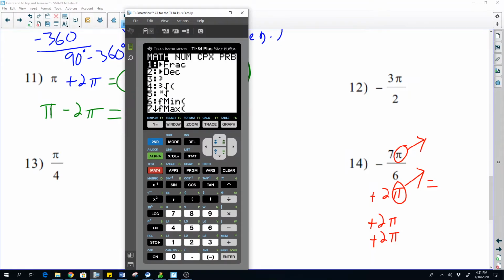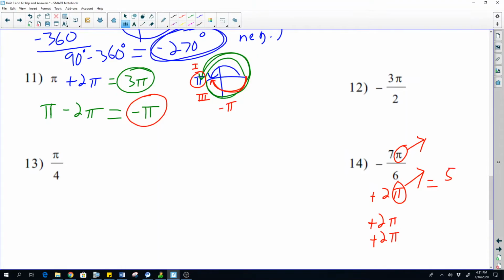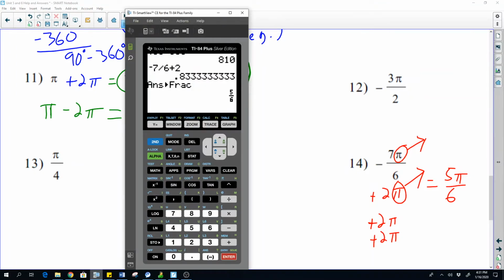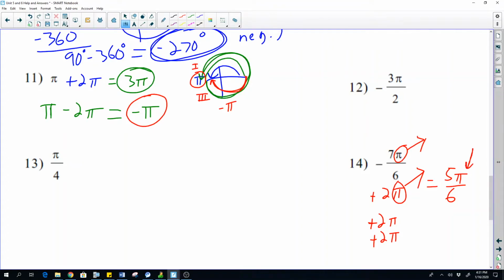Math frac. So 5 pi over 6, if you add 2 pi, then you get 5/6. Right? Calculator? Yep, there it is, 5/6. So we just got to make sure to put the pi back, which we did. So that's a positive coterminal angle.